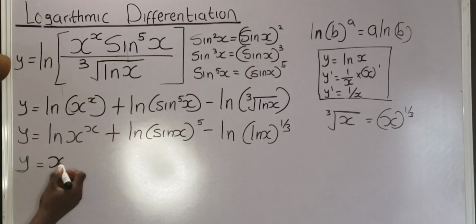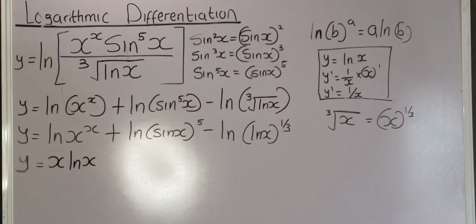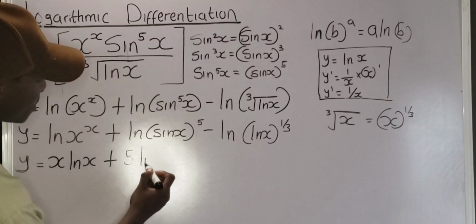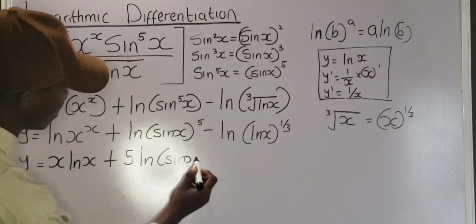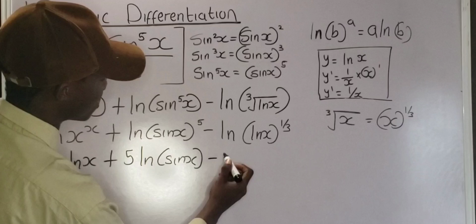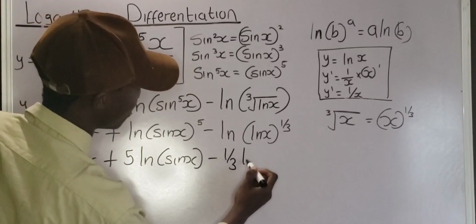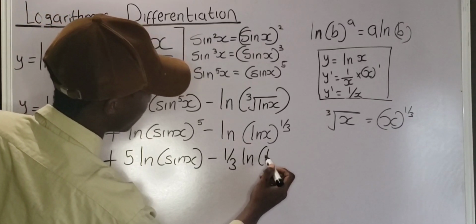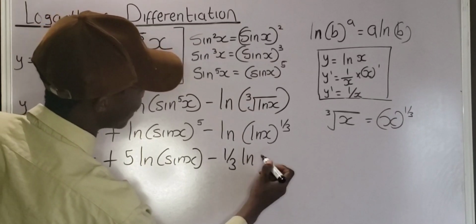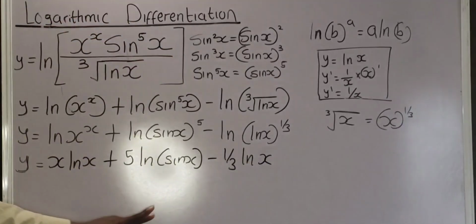So I'm going to have x ln x. Do you understand? Okay, plus 5 ln sine x, minus 1 over 3 ln x. Okay, do you understand to this point?